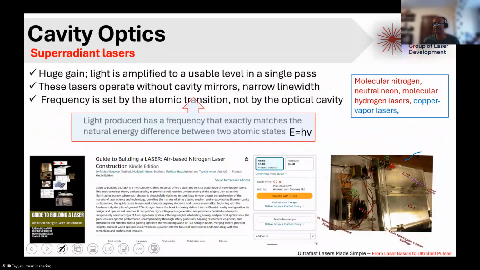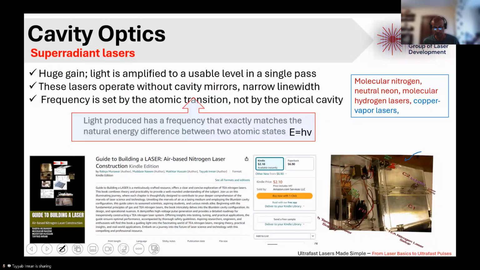The nitrogen laser is a superradiant laser. When we made the nitrogen laser, we didn't use any kind of cavity mirrors. And the output wavelength of the superradiant laser is not decided by the cavity length, because there is no cavity. It is decided by the frequency of the energy level transition.